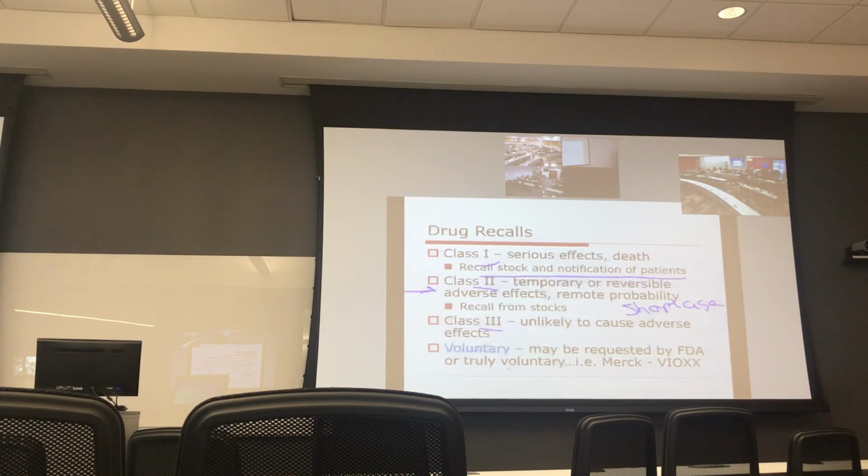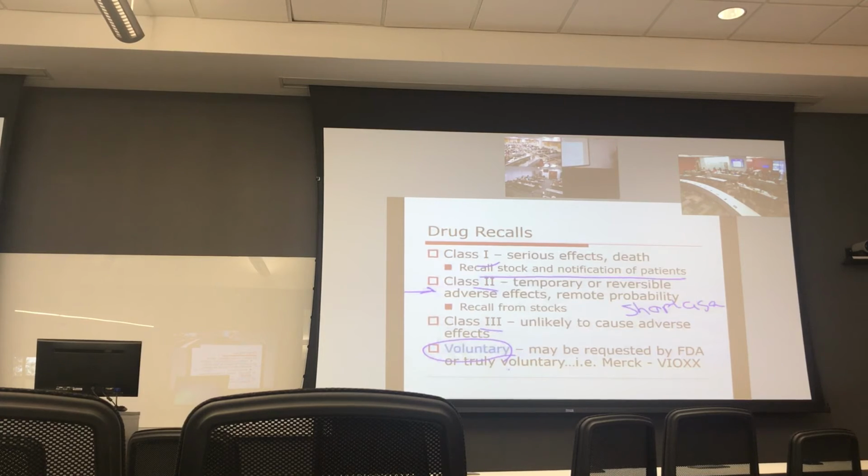Key thing, and I made it blue to make sure you understand what I want you to know about that, is they always make a point when the news media does this, even if it's a very serious, life-threatening type recall, they always say that XYZ drug company voluntarily recalled all lots of this product. And that makes them sound like they're doing something good for humanity, because they voluntarily did this. They're all voluntary, okay?